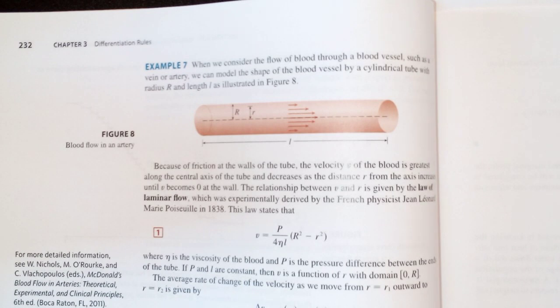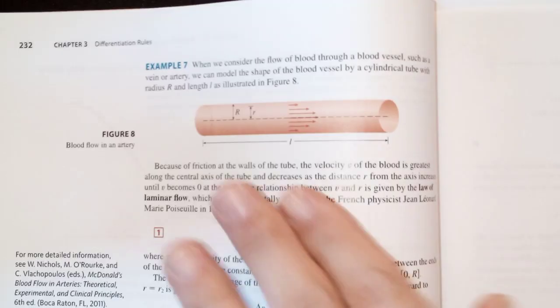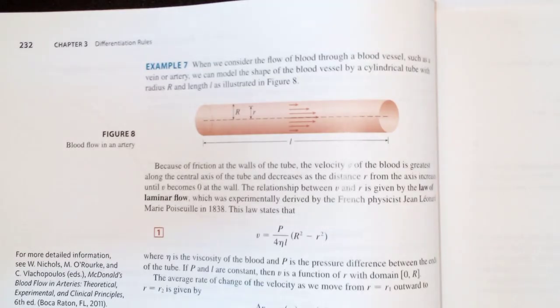Now, here's the best part. This same model applies in other places. I'm going to change this picture from a blood vessel to a road with multiple lanes in it.